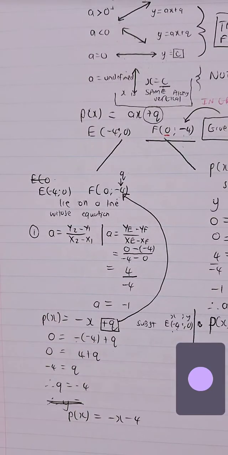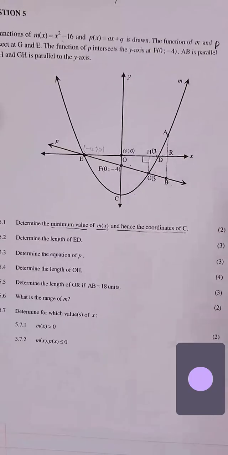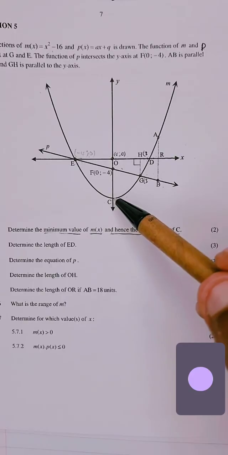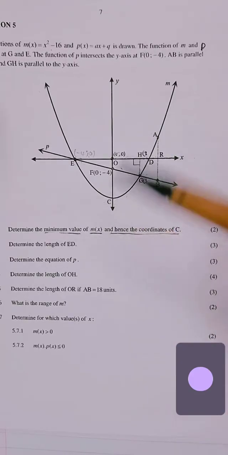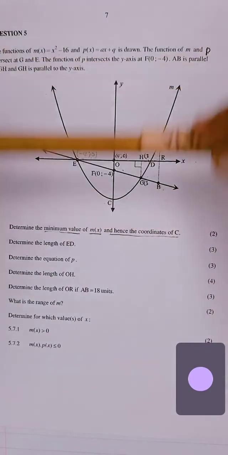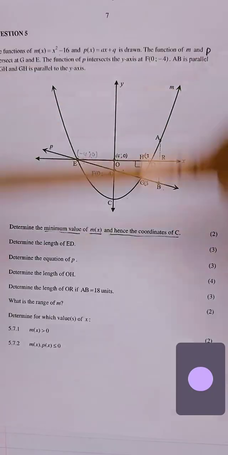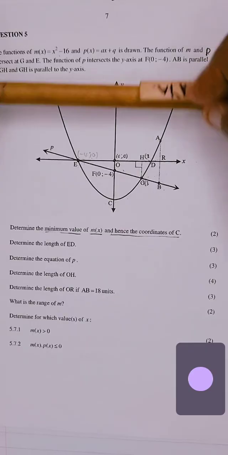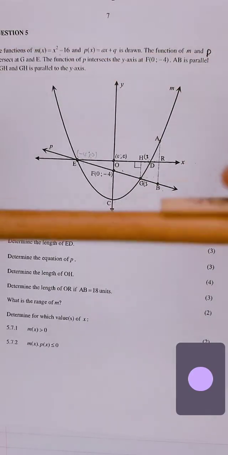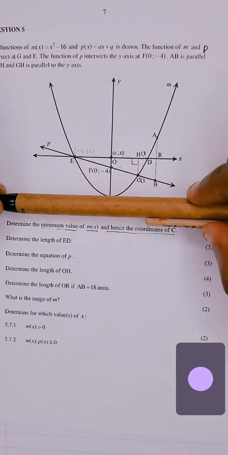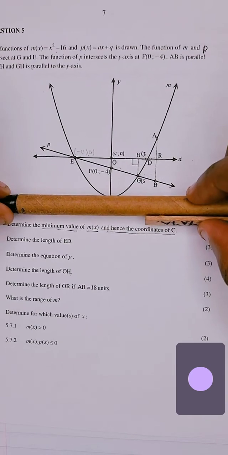So where does this function, this one, exist? From where, minimum, to where? From where to where does the function exist? We start from the bottom, now we're here.